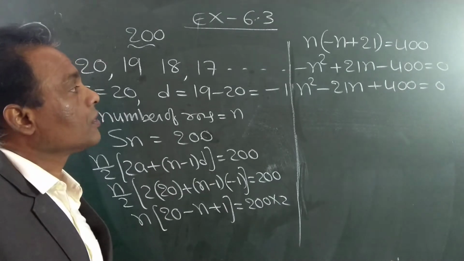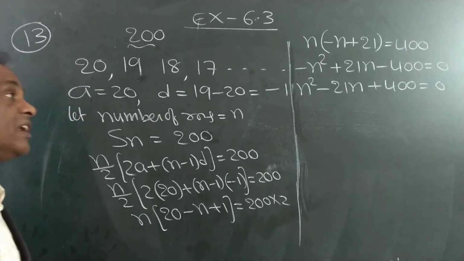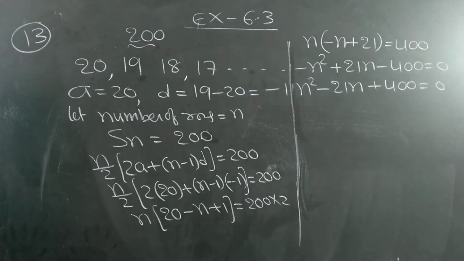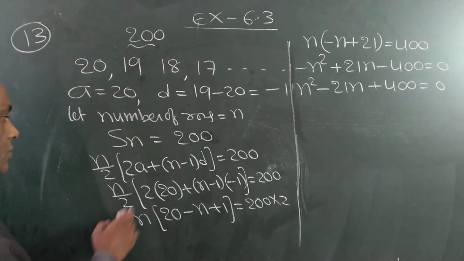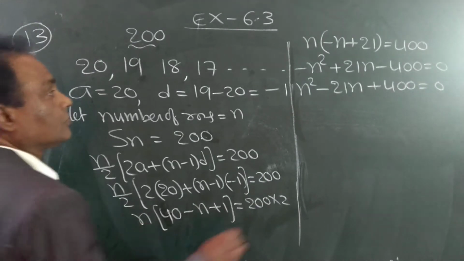Tell the two numbers whose sum should be 21 and product should be 400. Sorry, this is 40.